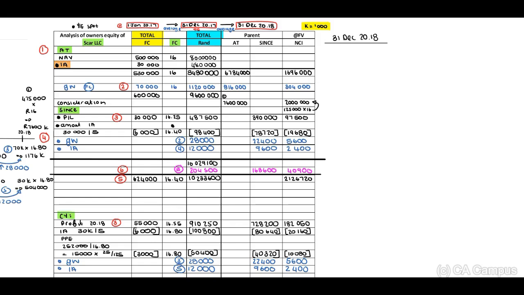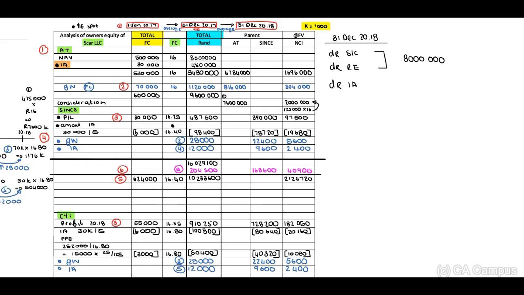My at acquisition journal entry, we will have to debit. Now, this is a little bit tricky here because we do not have the exact details. Therefore, I will debit my share capital, I will debit retained earnings, and I will indicate that the total of my accounts is 8 million. You will have to debit your intangible asset with a fair value adjustment.